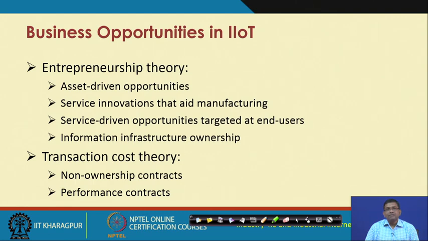So, these are the positive aspects, but there are some associated negative aspects which are basically captured through the transaction cost theory, which covers things like non ownership contracts, performance contracts.